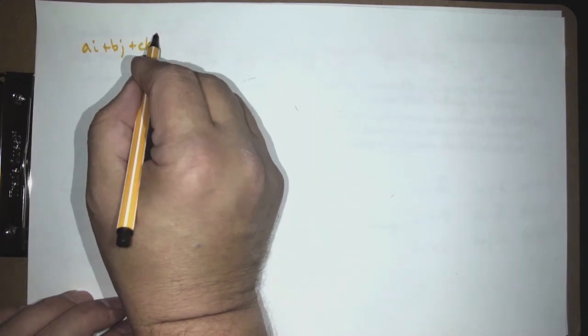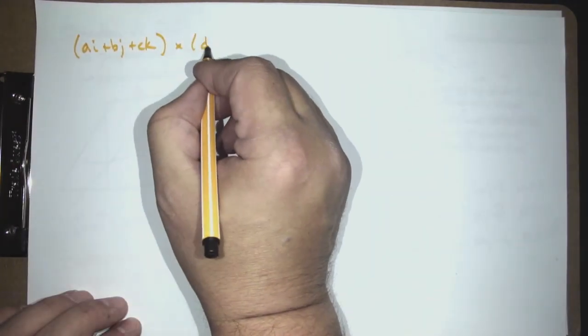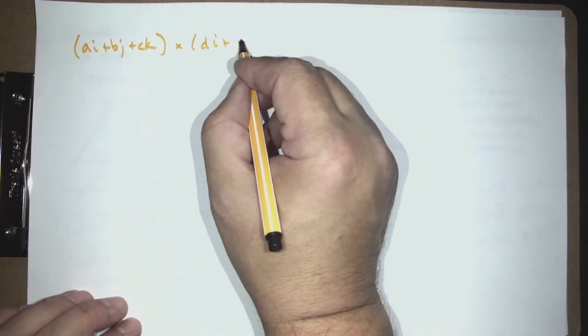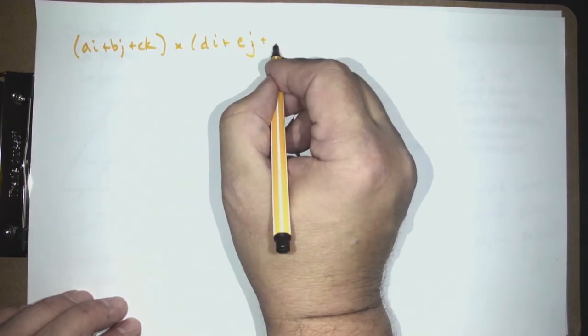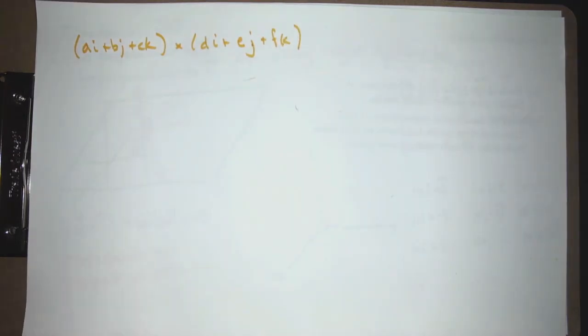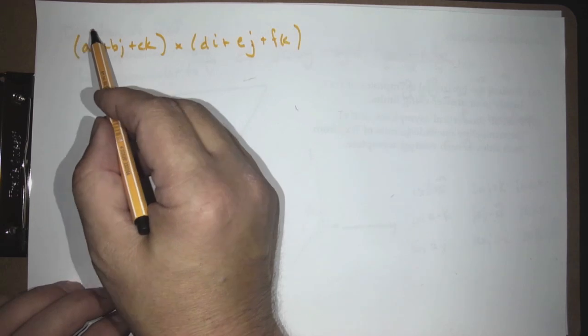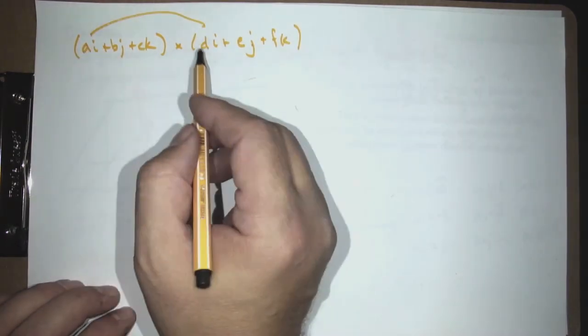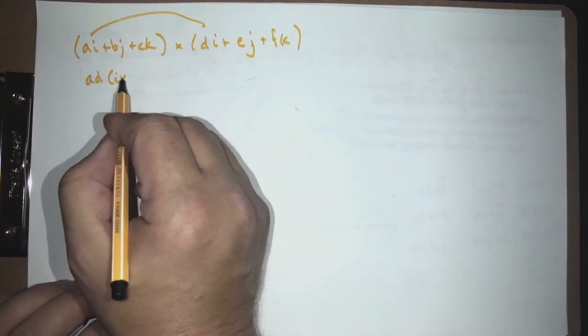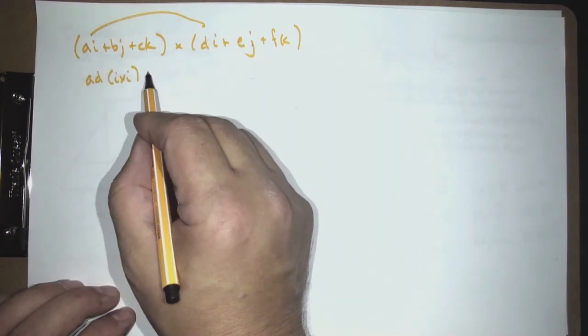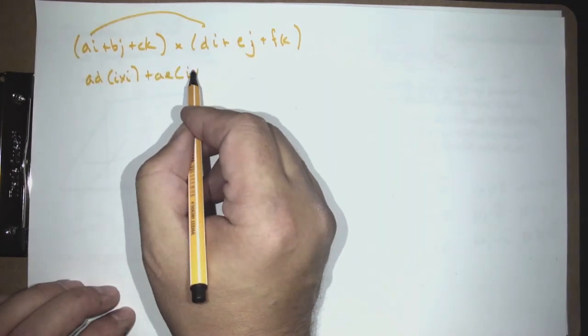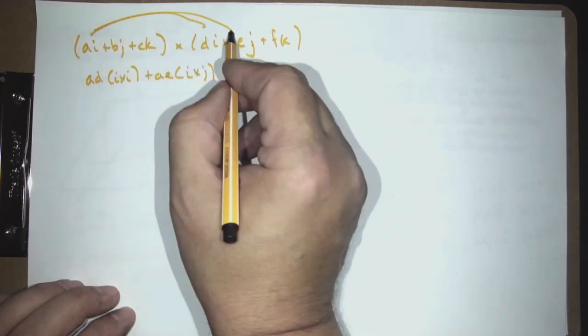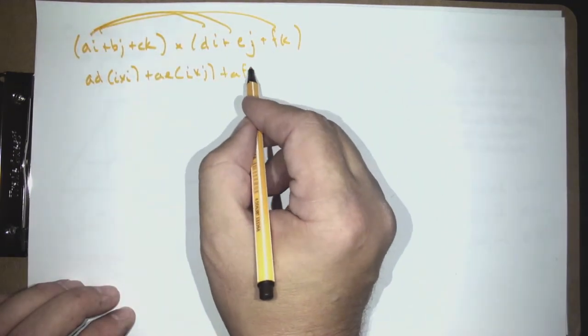If I have a vector, ai plus bj plus ck, cross di plus ej plus fk, I feel like we're doing alphabet soup today. What we can do is we can then start expanding. So we can do ad i cross i. Then we can do ae i cross j, and so forth and so on.